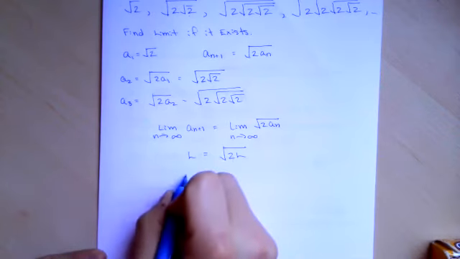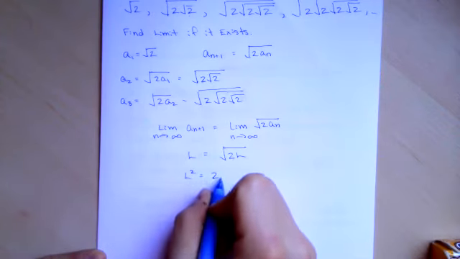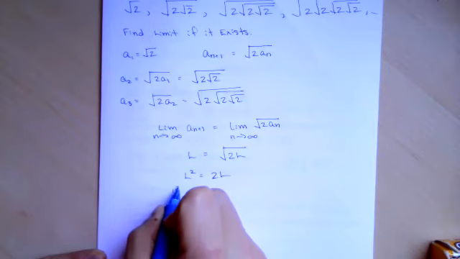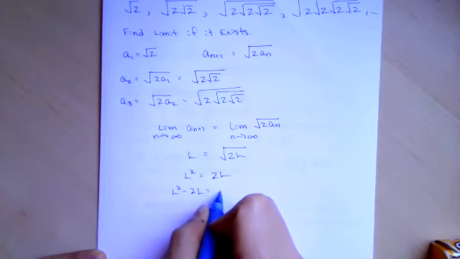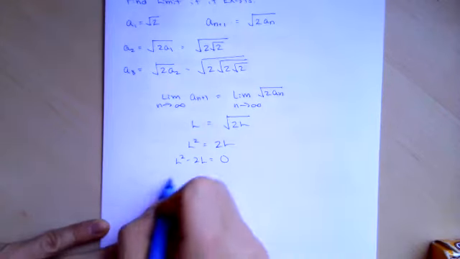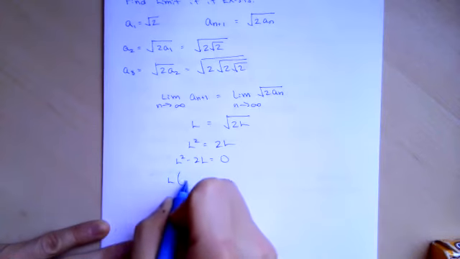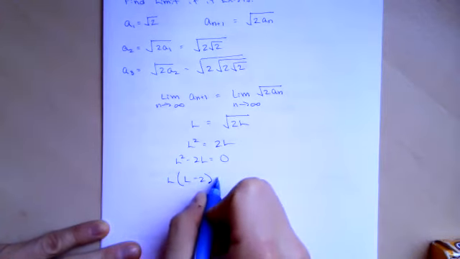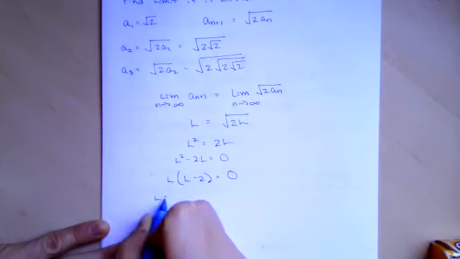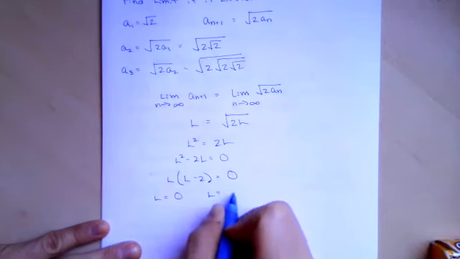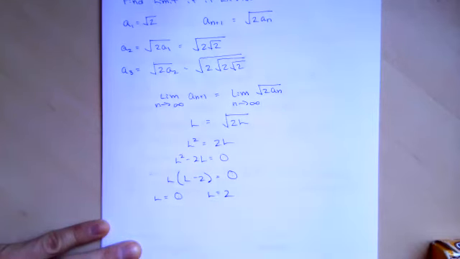So if I square both sides, we'll get L squared is equal to 2L. So L squared minus 2L equals 0. And either our limit is 0 or the limit is 2.